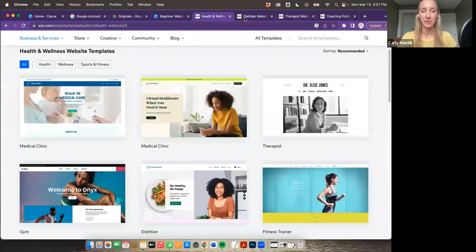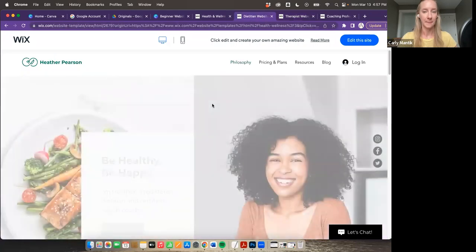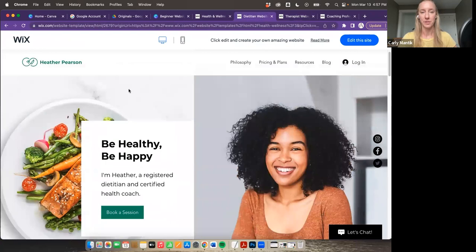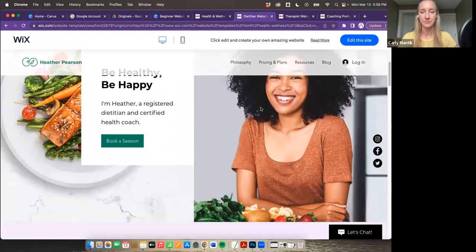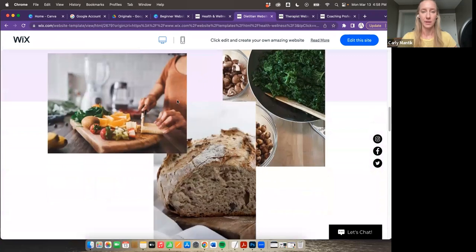And then another one I pulled up is this dietitian website, Heather Pearson. So you can see they're using 2 photos side by side for their header. And then a few, that's the same shirt.